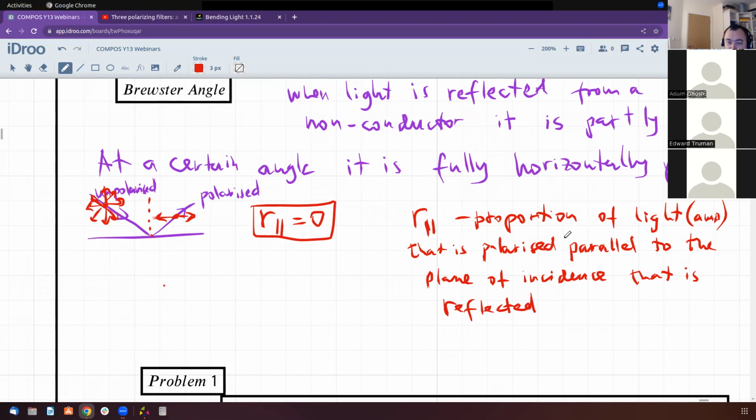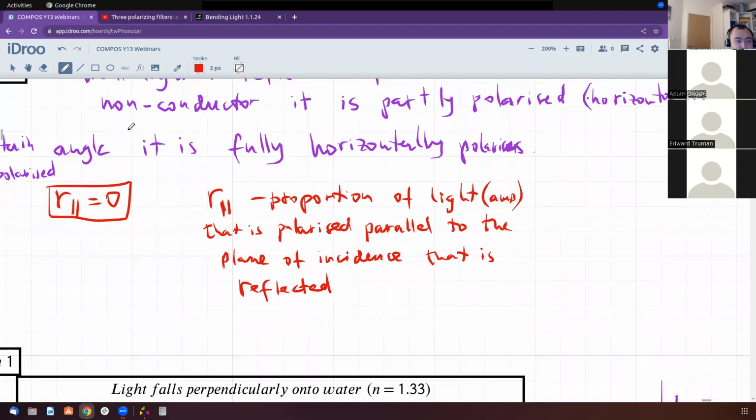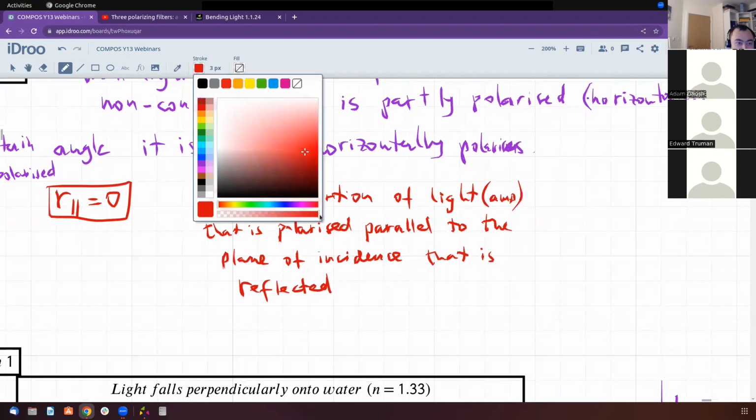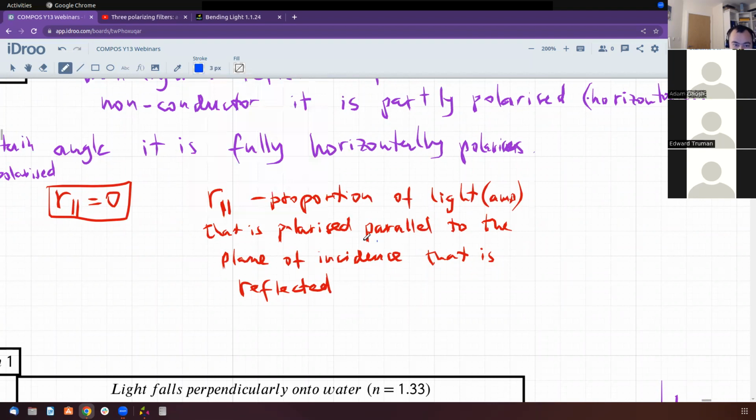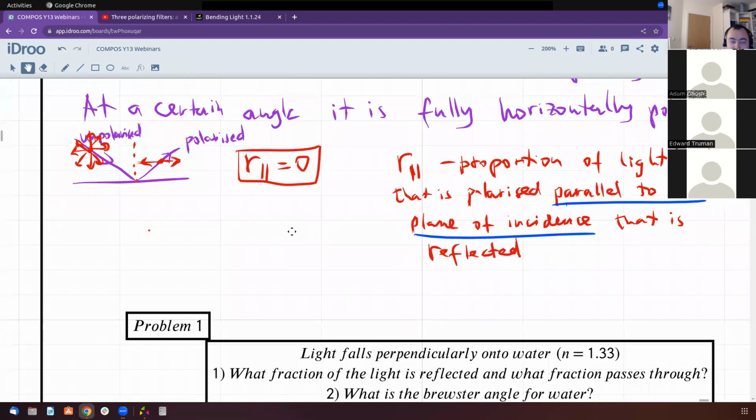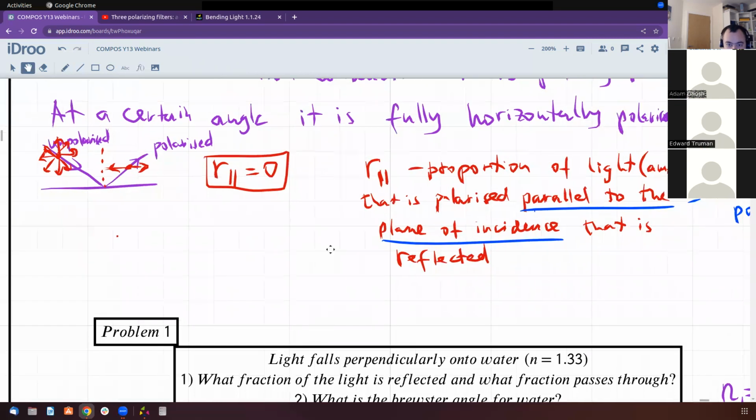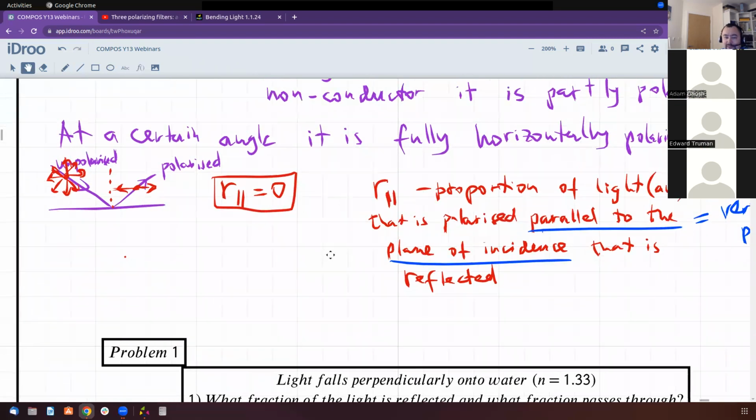So R parallel is the proportion of light that is polarized parallel to the plane of incidence, so vertically polarized. Polarized parallel to the plane of incidence is the same as saying vertically polarized, because the plane of incidence is vertical. Does that make sense now?